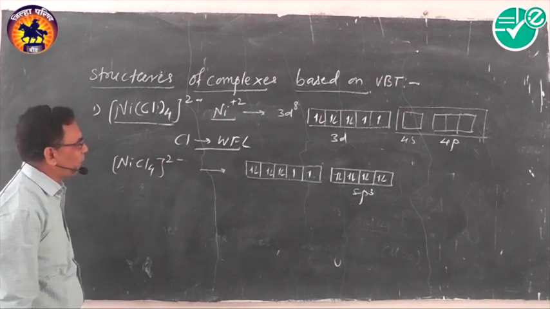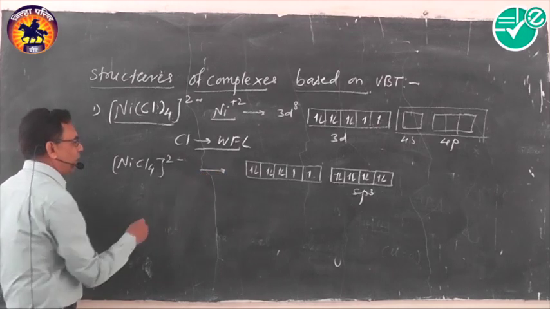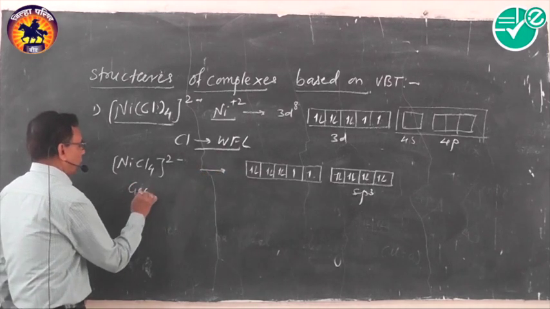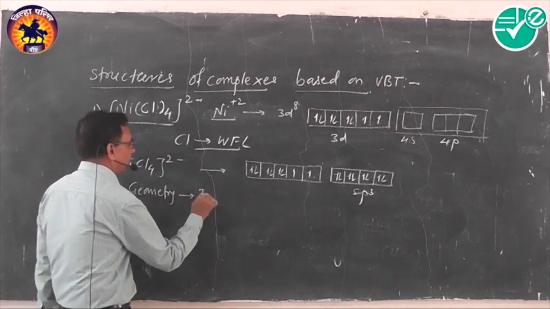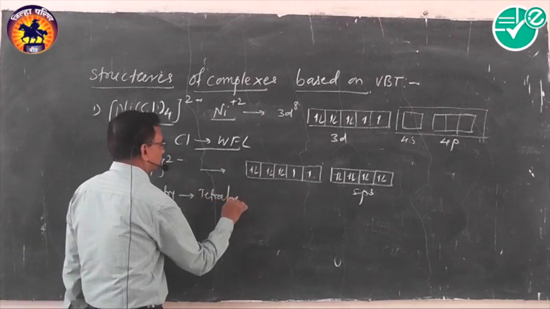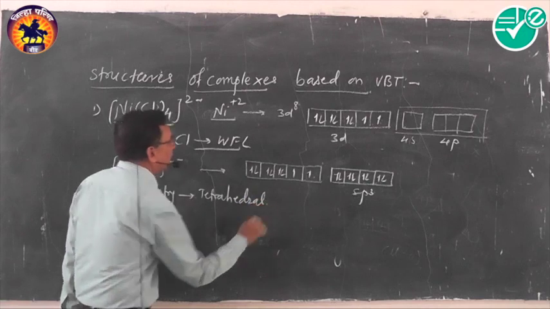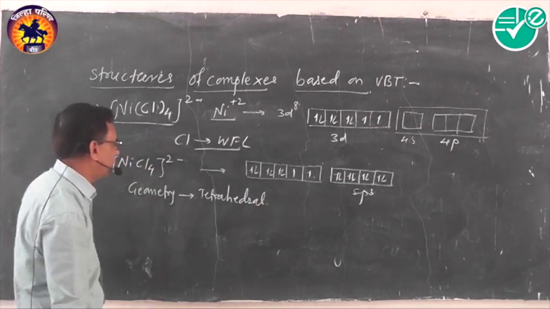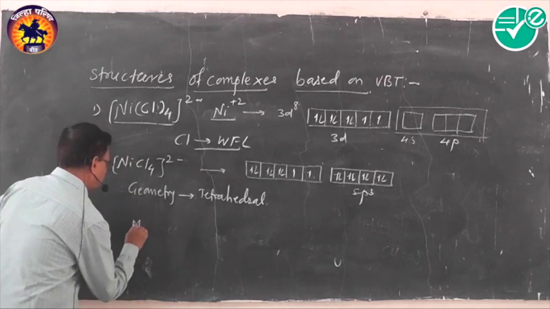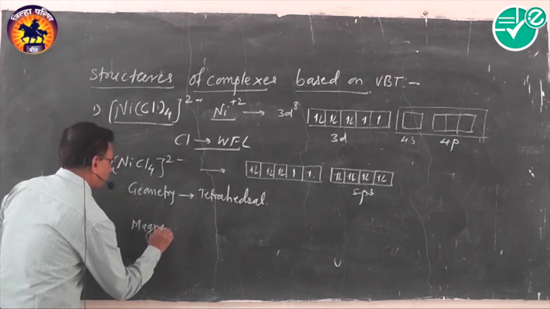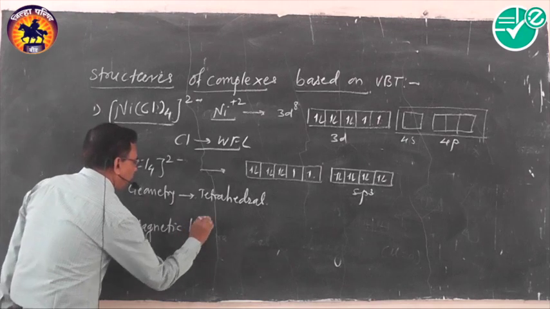Now we have to see the properties. Since the hybridization is sp3, geometry of the complex is tetrahedral. Then magnetic behavior.